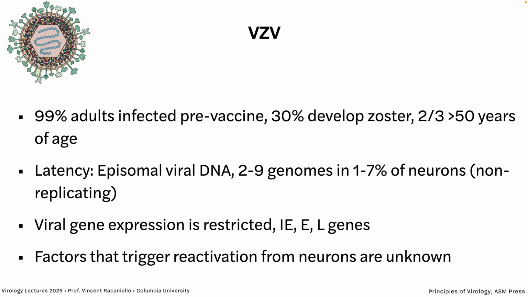The virus remains as a non-replicating episome in neurons innervating your skin. Viral gene expression is like EBV: a couple of genes are produced, but no infectious virus particles, and we don't know what triggers reactivation from neurons. You may get one or two shingles episodes in your life, so it's not happening as frequently as herpes simplex 1, but we don't know what the trigger is.